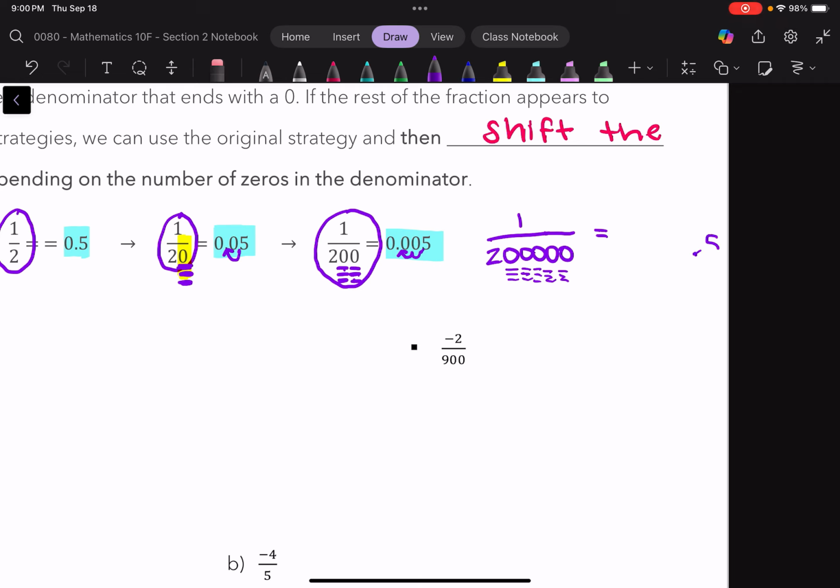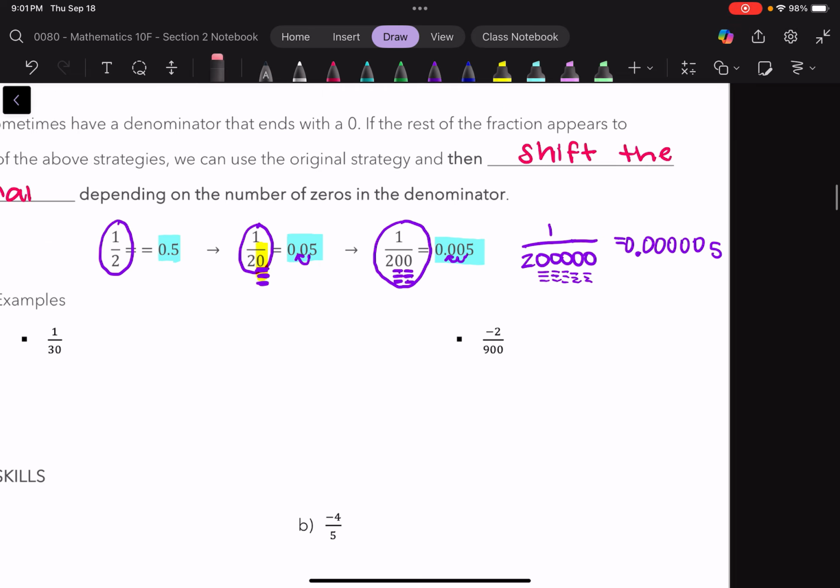I have to move that decimal place over 5 times. So 1, 2, 3, 4, 5, to be able to get that decimal conversion done properly. So I can use those trailing zeros in my denominator to help me figure out what that final decimal conversion is going to be quite quickly.